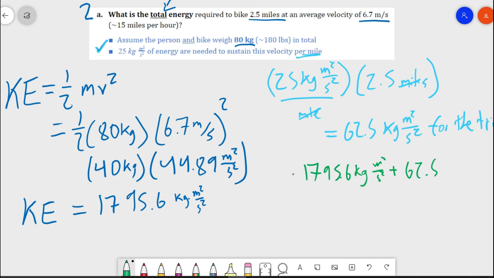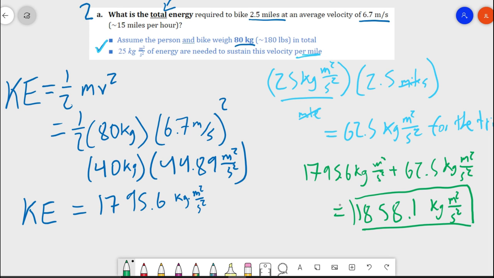Plugging that into my own calculator right now. 1795.6 plus 62.5 should give us, let me know what y'all get, right? 1858.1 kg m squared over s squared as our final total energy, right? Accounting for not only the velocity but also how much we need to sustain that velocity.